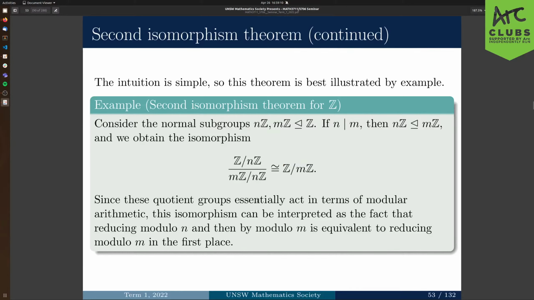So if I do these two moduli, then I'm ultimately going to get the same thing as if I just done the last one from the beginning, right? So that's, I guess, the intuition for the second isomorphism theorem.